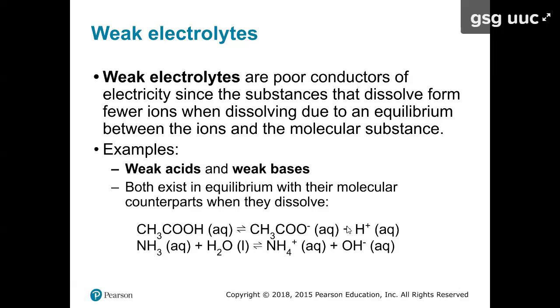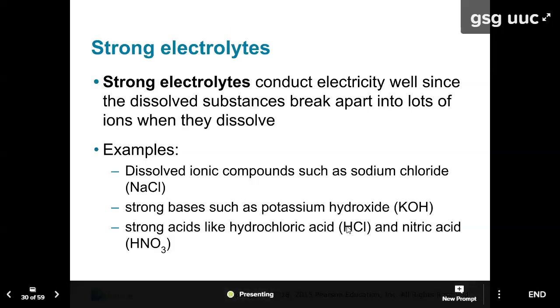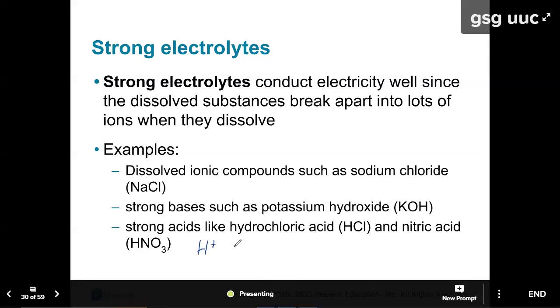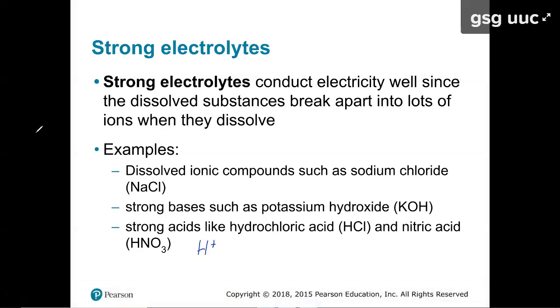Whereas in a strong acid, if I were to look at the chemical equation, what I would see is something like HCl breaking down into H+ and Cl-, and notice how that arrow looks. It's one way. All the HCl's are turning into H+ and Cl-.